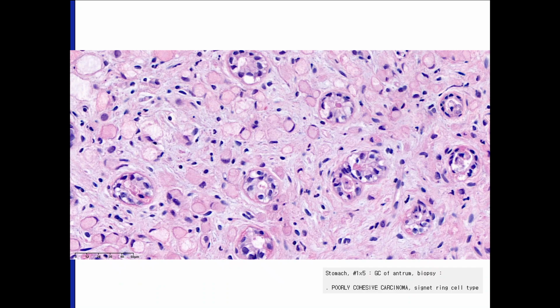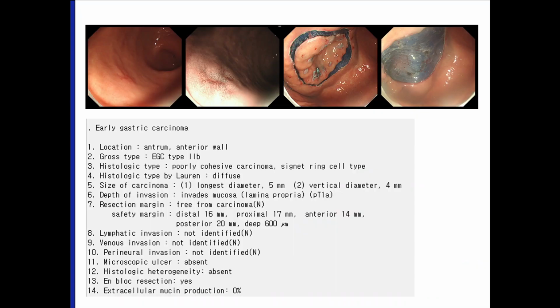The pathology was poorly differentiated carcinoma, signet ring cell type. ESD was done, and the final pathology was signet ring cell carcinoma within the lamina propria.